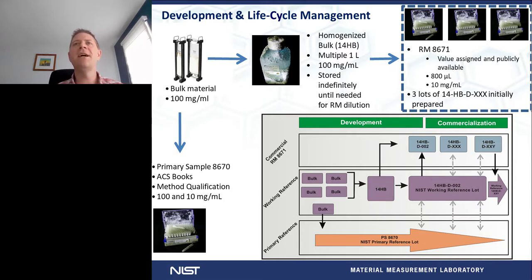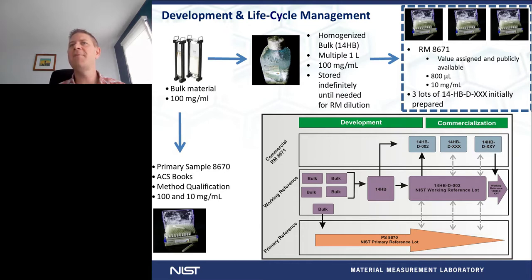14HB-D-001, for example. Each lot, again, is 10 mg per mL, 800 microliters per vial, and these are now available to the stakeholder community. In the bottom right-hand corner is our measurement hierarchy. You can see the working reference homogenizing these bulk materials in the middle into the 14HB.